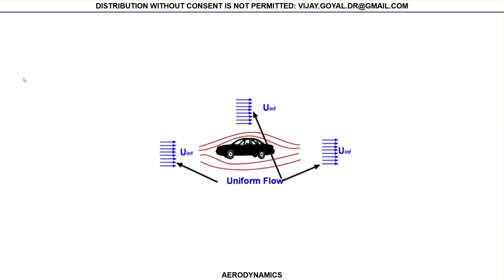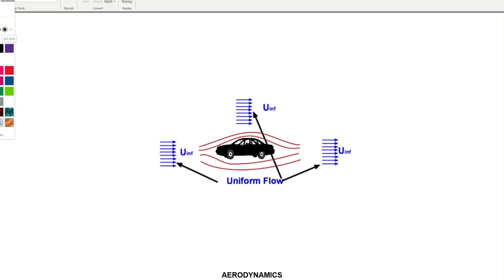First of all, we talked about this. Consider that you have a car, and you have air flowing around this car. You're going to have some velocity around there. If I move a significant distance away, I can say my airflow is uniform, far away from the car itself.